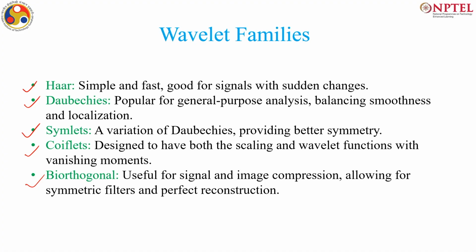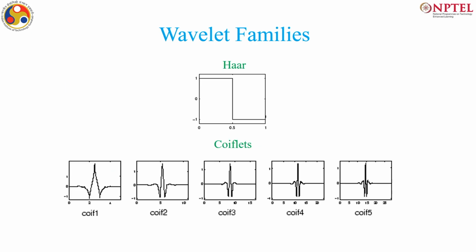The best thing is that whenever you are analyzing a signal with wavelets, you should try all the wavelets and see which is very nice for your specific signal or specific application, because each signal will have a specific pattern which may be captured by a specific set of wavelets. Here is a pictorial representation of these wavelets.